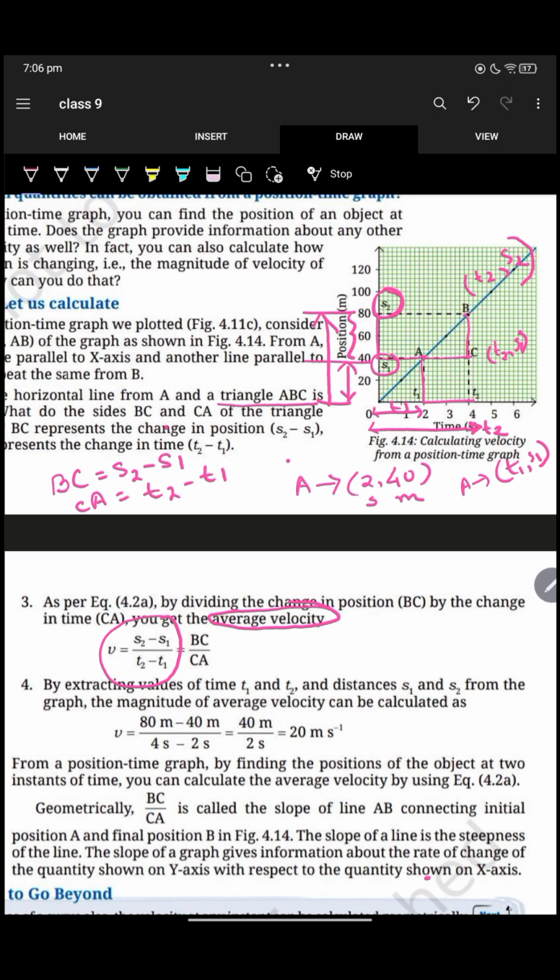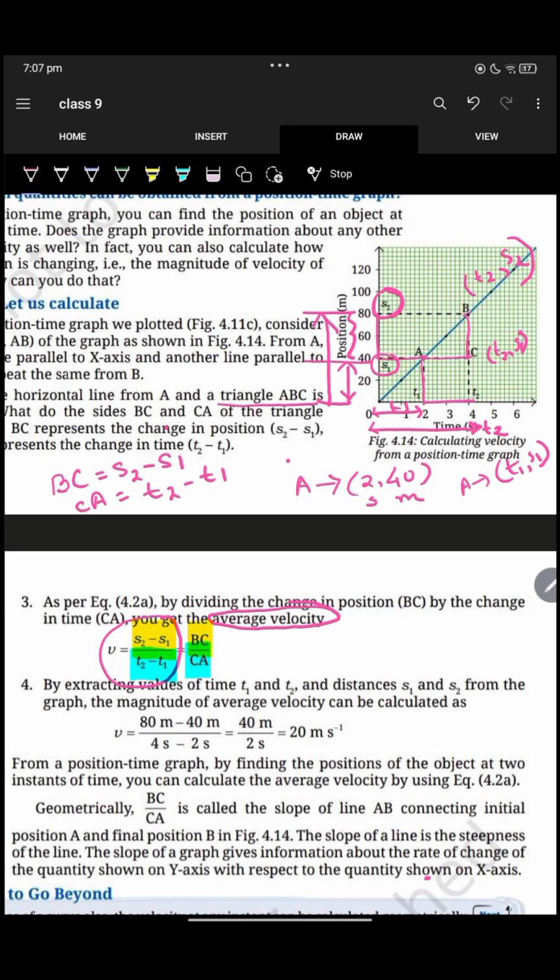So in place of S2 minus S1, you can write BC, and in place of T2 minus T1, you can write CA, right? Here you see S2 is 80 meter and S1 is 40 meter.